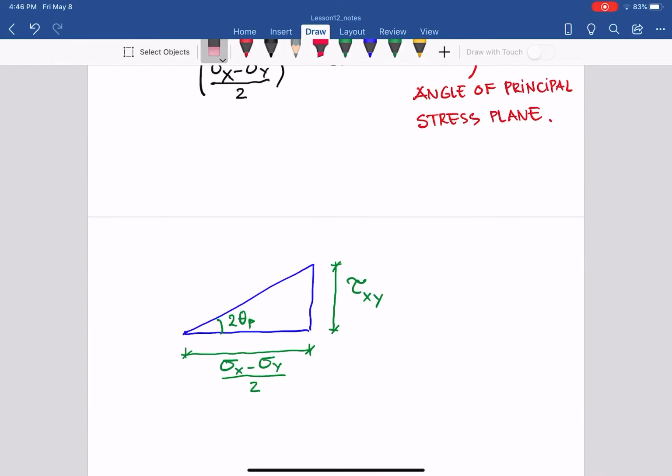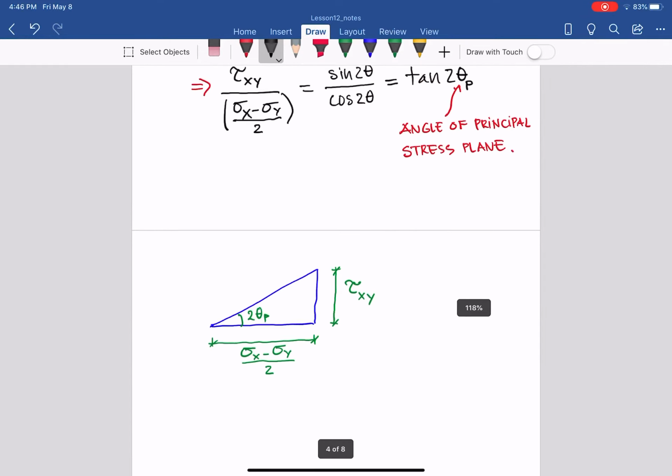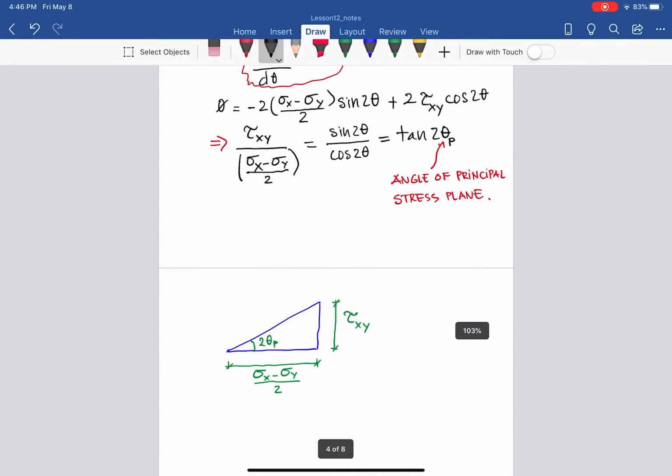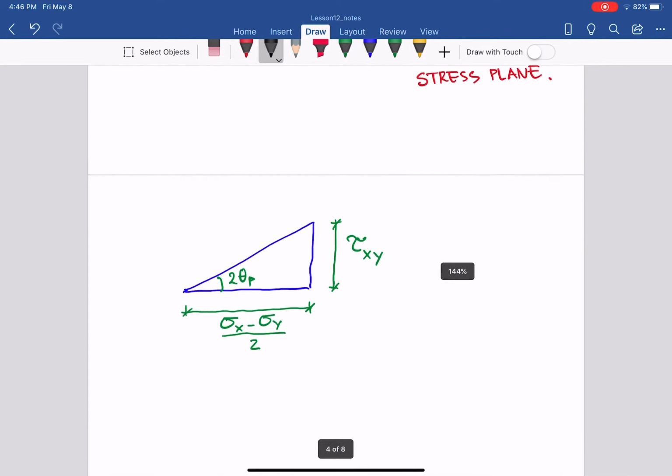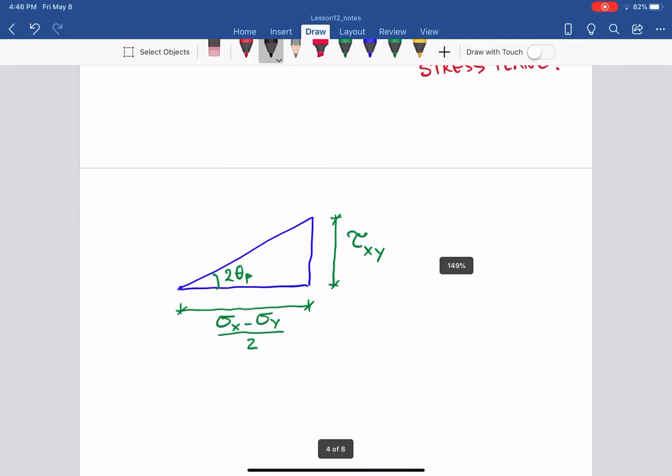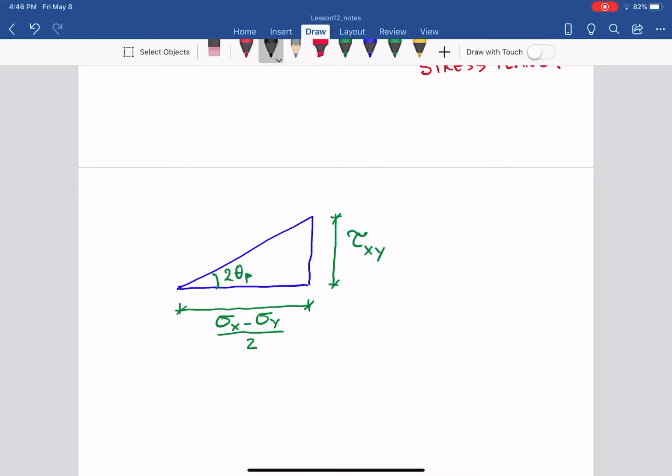So as you can see, the tangent of 2 theta p equals tau xy over sigma x minus sigma y over 2. With that, we can find sine and cosine from that. So I can have sine of 2 theta p equal to opposite divided by hypotenuse.